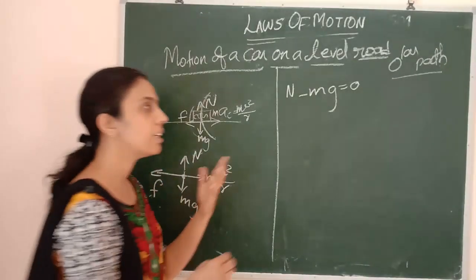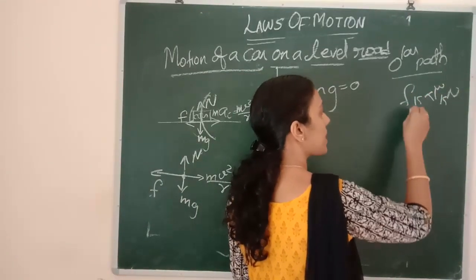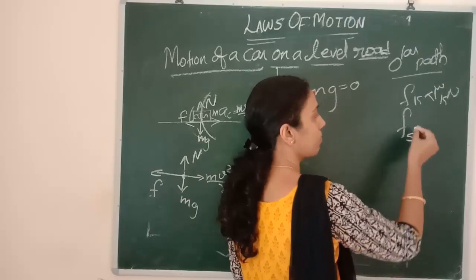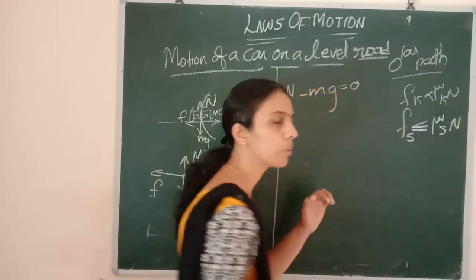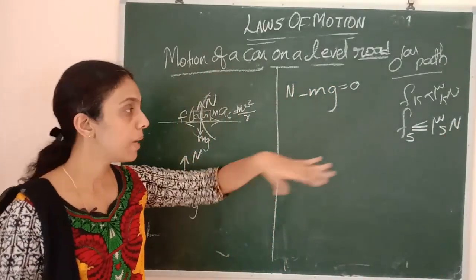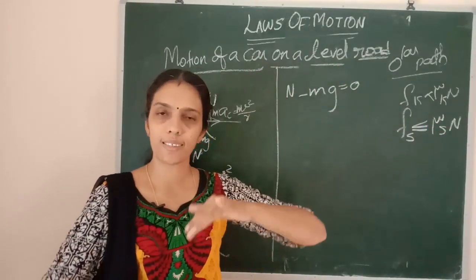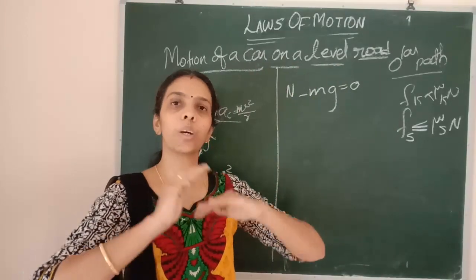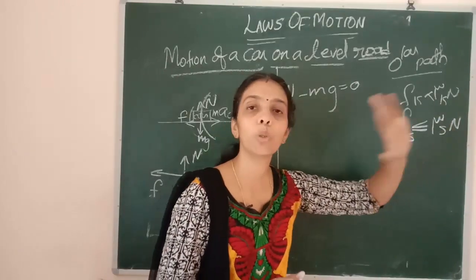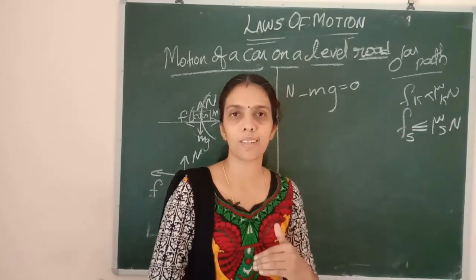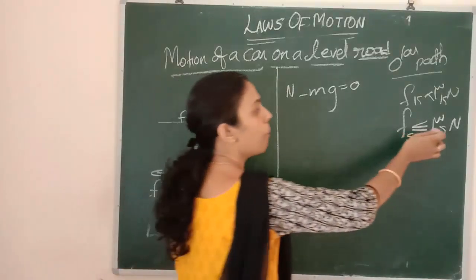Fk is proportional to mu k into N, and static frictional force will be less than or equal to mu s into N. When Fs is equal to mu s into N, limiting friction starts. Till less than that, static friction is present. So the maximum static frictional force which can act will be equal to mu s into N.